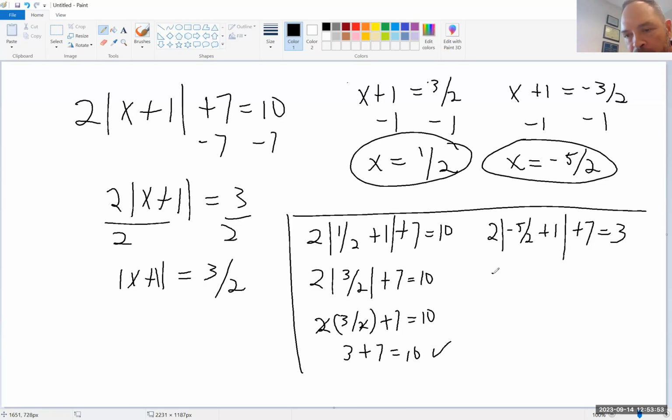The other one is 2 times the absolute value of, we know this is 2 halves.